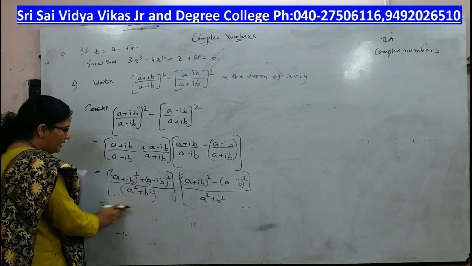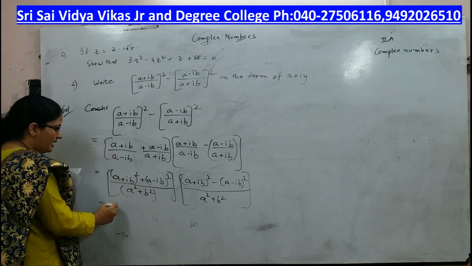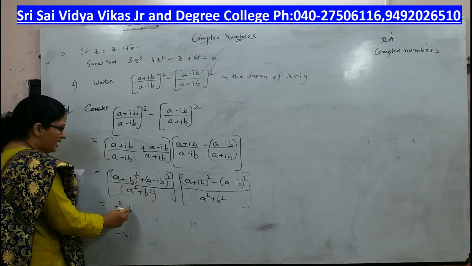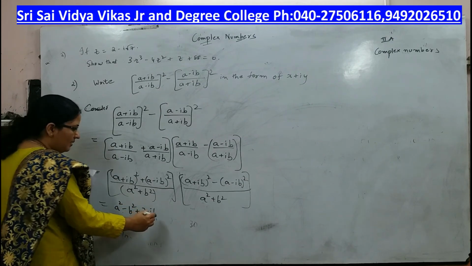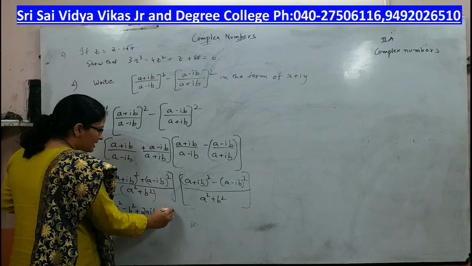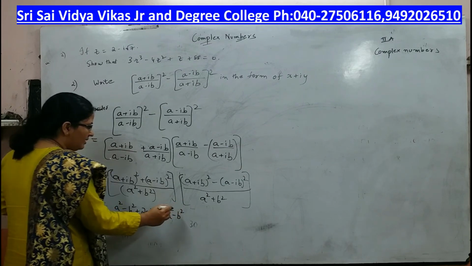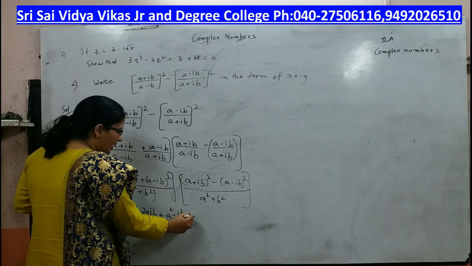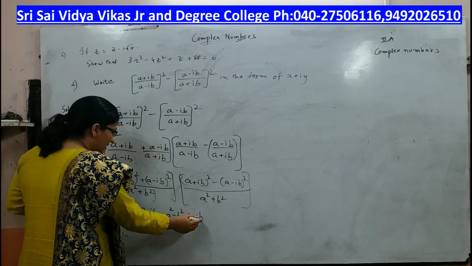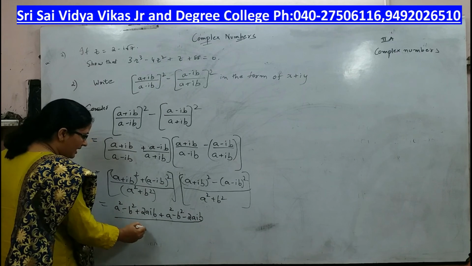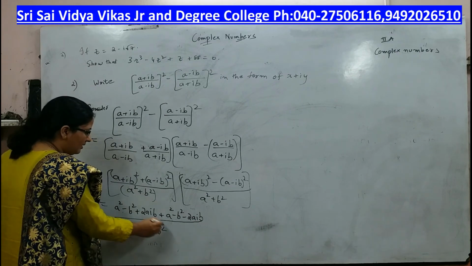Okay, let us open this. (a plus ib) whole square, a square minus b square plus 2aib, plus a square minus b square minus 2aib, by a square plus b square.